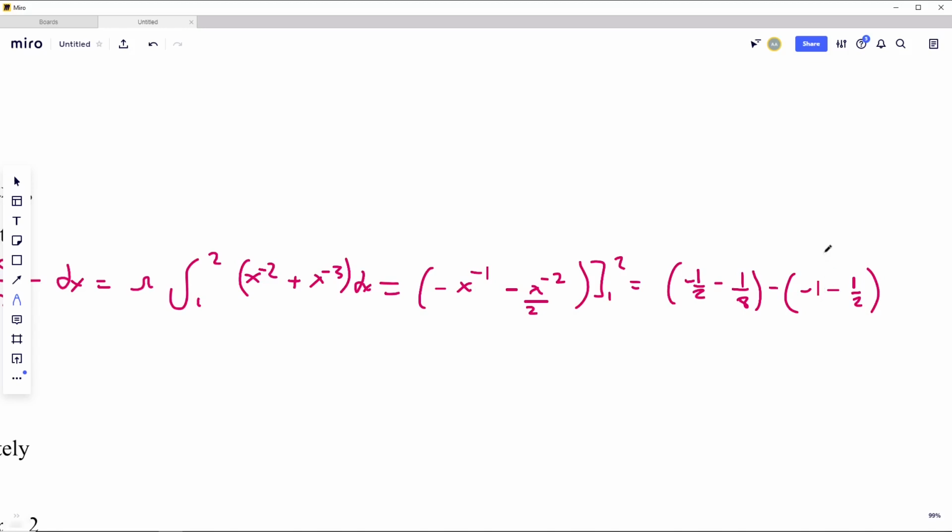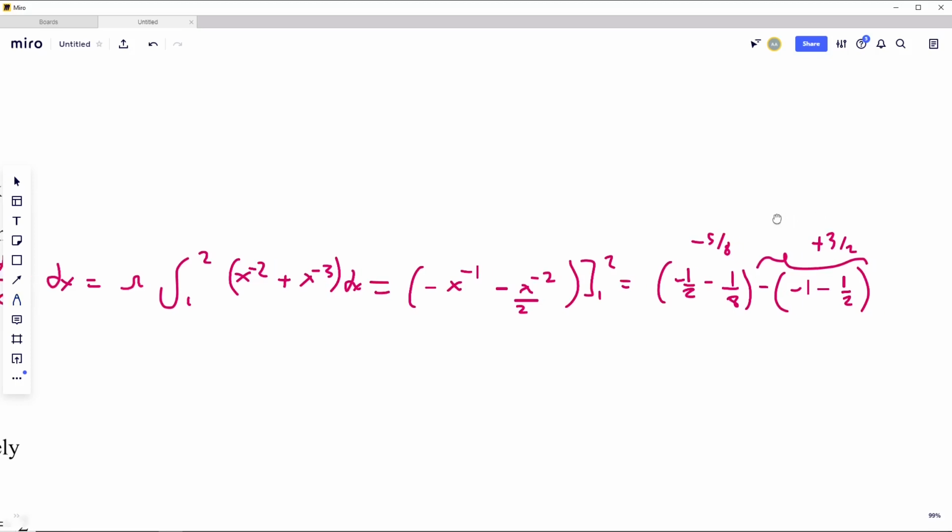So this is minus 1 minus half, so minus 3 over 2 with the minus here becomes plus. And then this is minus half minus, did I do something wrong? Let me just double check. Minus half minus 8. 8 minus 5, no I don't think. Plus 3 over 2. 7 over 8. Oh yeah, it's right, it's right.